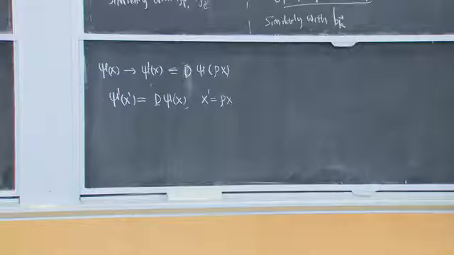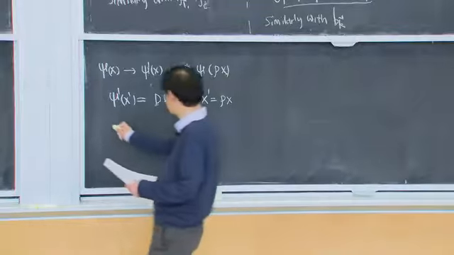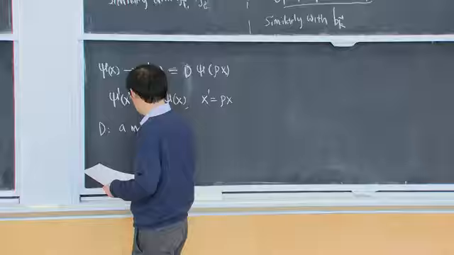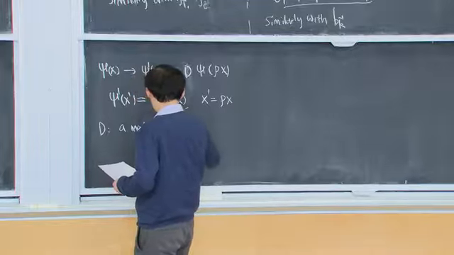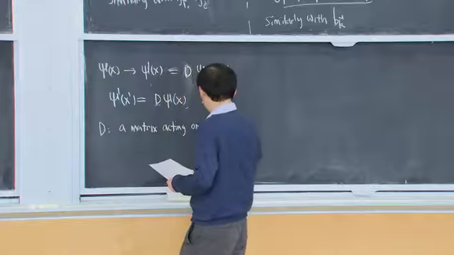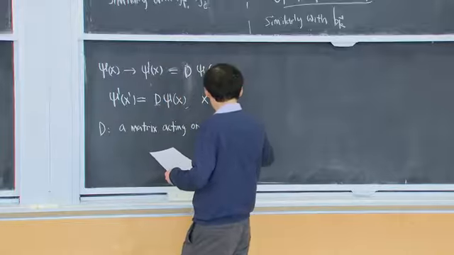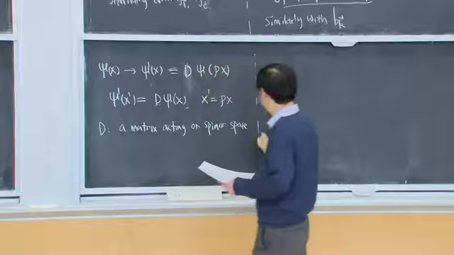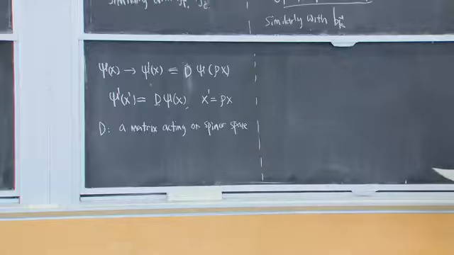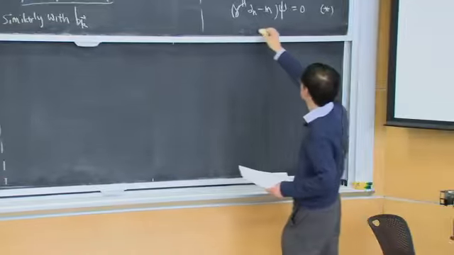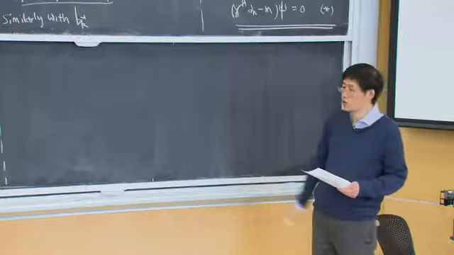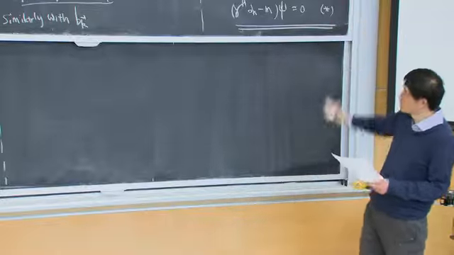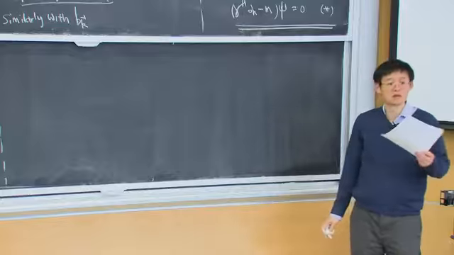D is a matrix acting on spinor space. So in what sense do we say the Dirac theory is parity invariant? Let me formulate it in terms of the equation of motion. You can also equivalently formulate it in terms of the action.